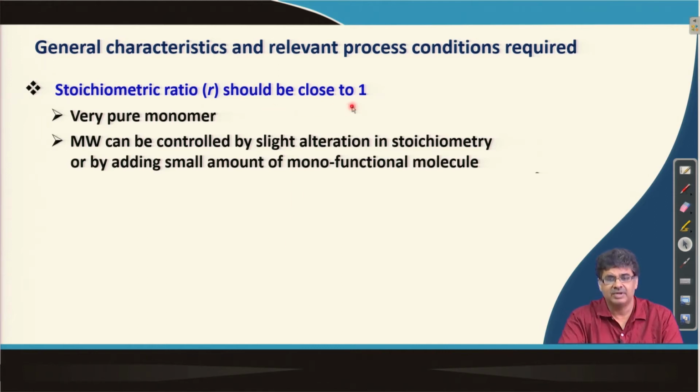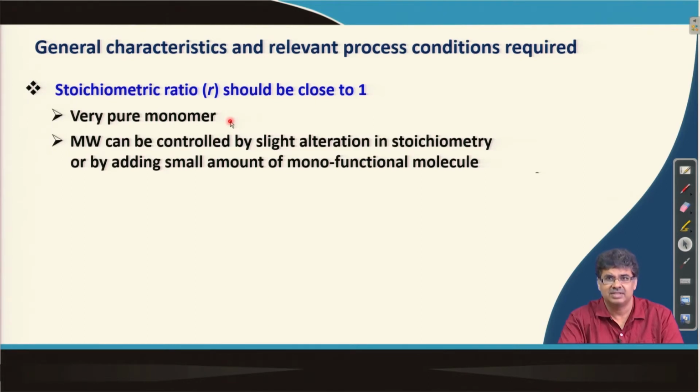We also know that to build high molecular weight our reaction stoichiometric ratio should be as close to 1 as possible. Hence, we need to have very pure monomer. Otherwise, if the monomers are impure, then we do not know what the actual molar ratio of functional groups is. Additionally, if the monomers are not pure, then we do not know whether the impurities can act as chain stopper or not.